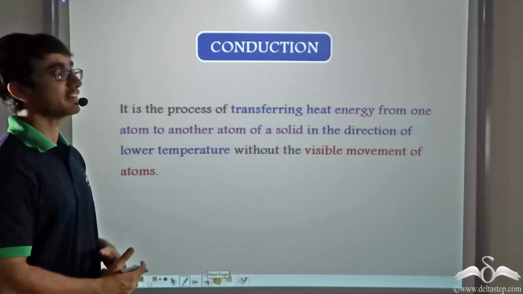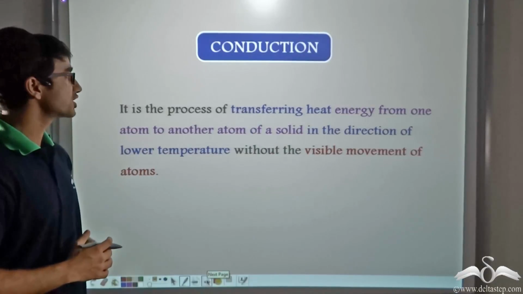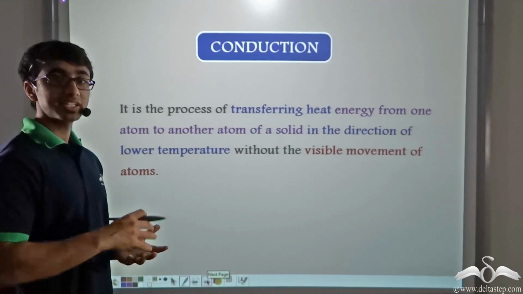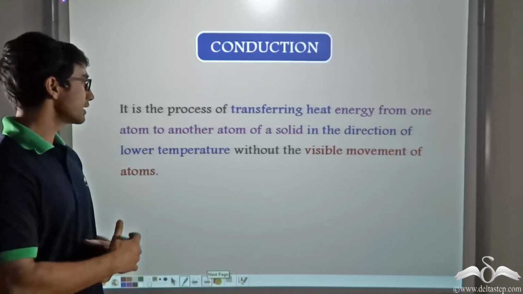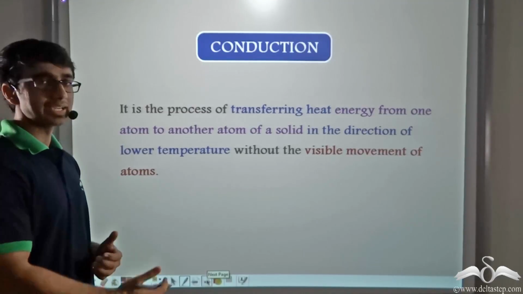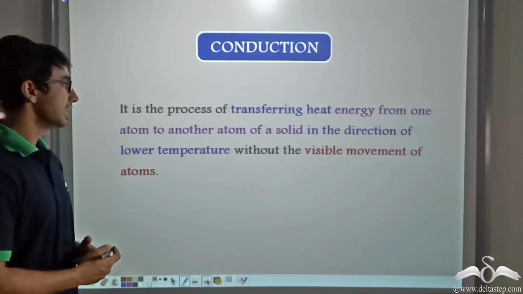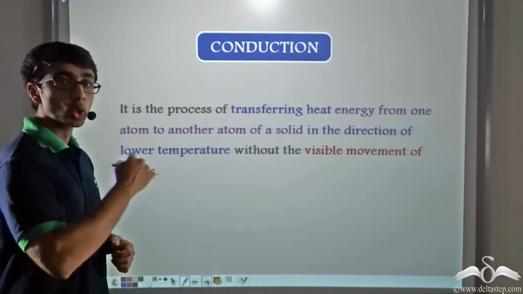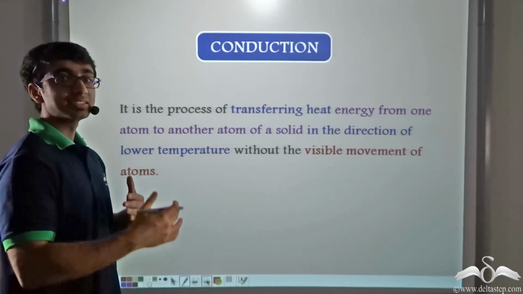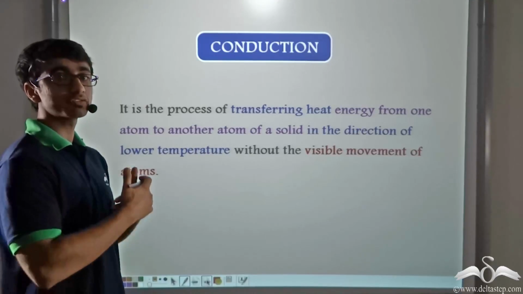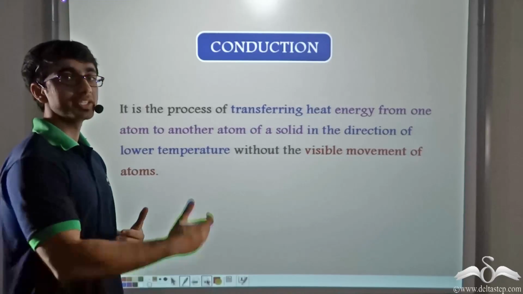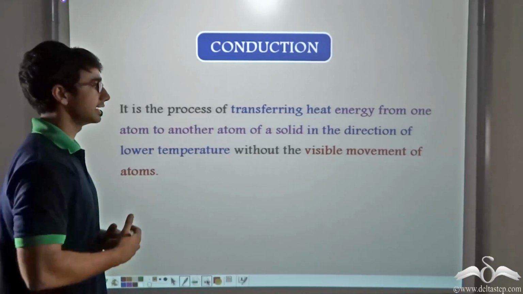So how can we now define conduction? Conduction is the process of transferring heat energy from one end to the other, that is from one atom of a solid to the neighboring atoms of the solid, in the direction of lower temperature. That is, the heat is transferred due to the vibration of atoms and electrons from the hot end to the cold end.